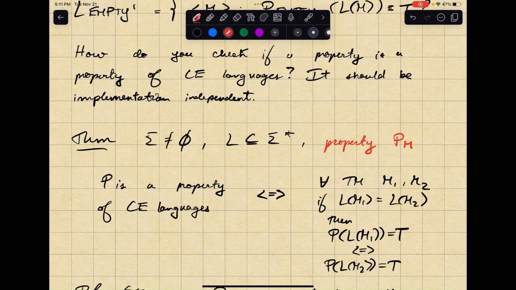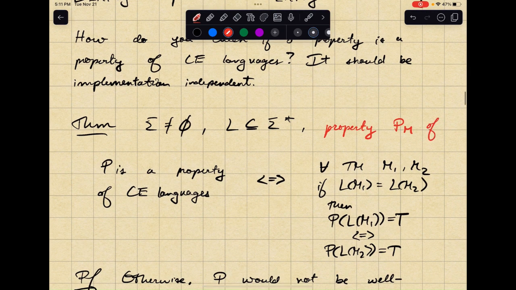So in this case, perhaps P sub m would have been appropriate, where we say of a language L, where this property P sub m has an additional parameter.